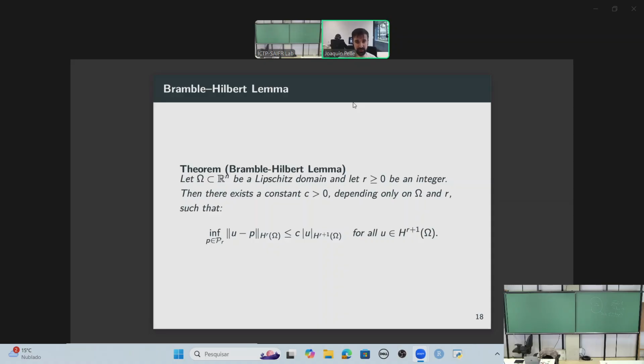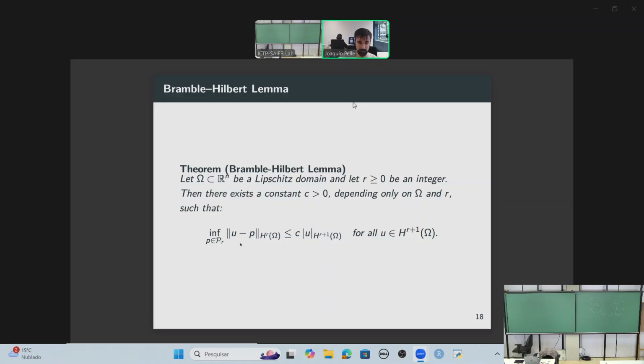So the theorem says that given a certain domain in Rn, a Lipschitz domain, and R a certain non-negative integer, then there is a constant C, again depending only on the domain and of course on the integer here, that satisfies the following inequality, right?